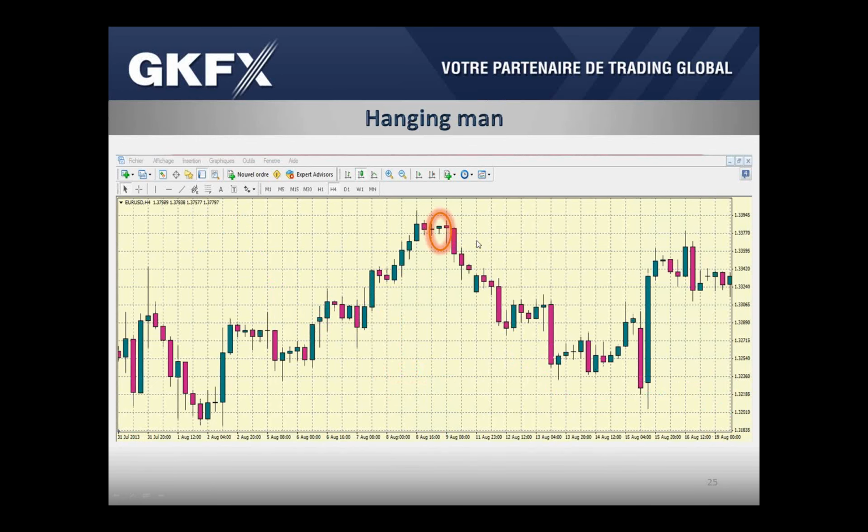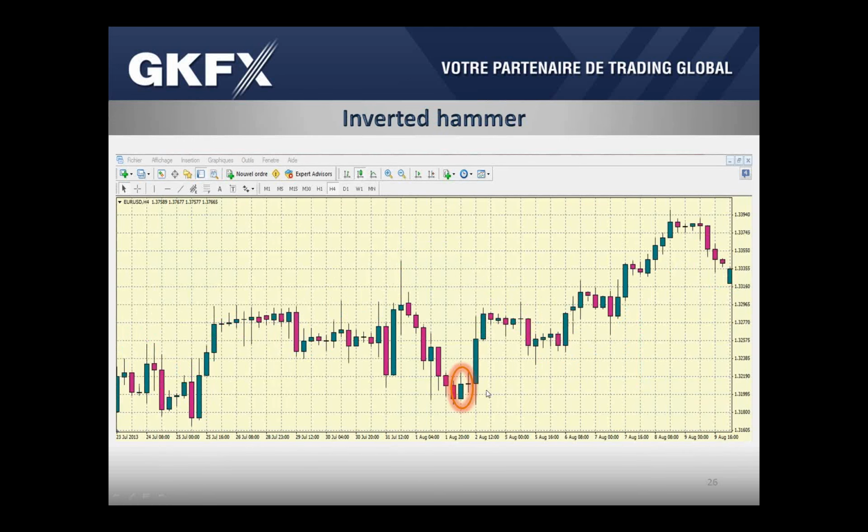Here it's a hanging man. Even 2 hanging men. It was a very strong bullish trend, 2 hanging men, and finally a reversal as expected. This time an inverted hammer: the bearish trend, an inverted hammer, and finally a bullish reversal.